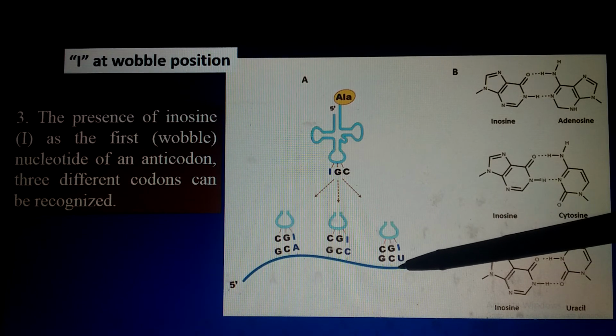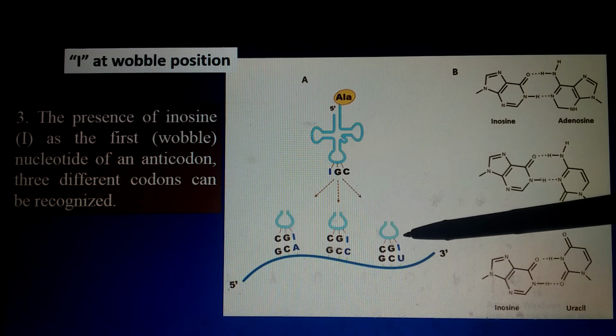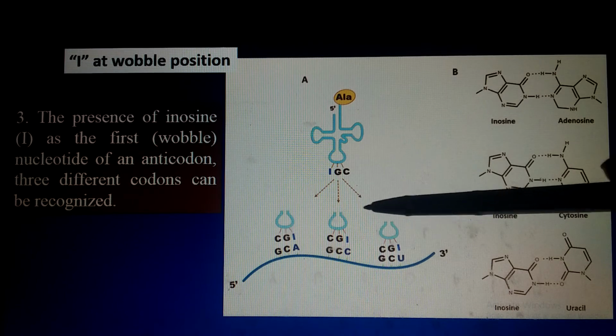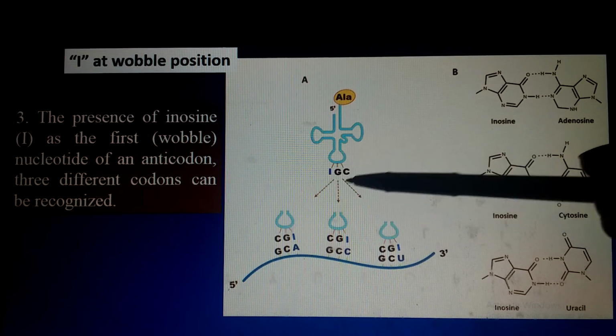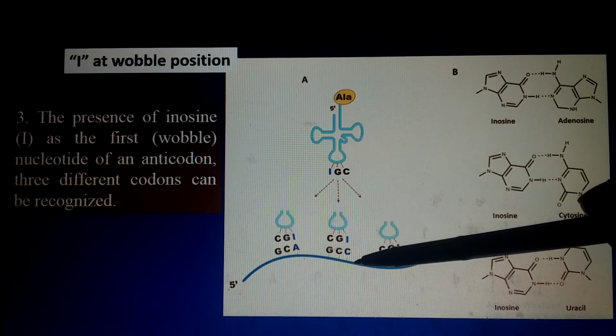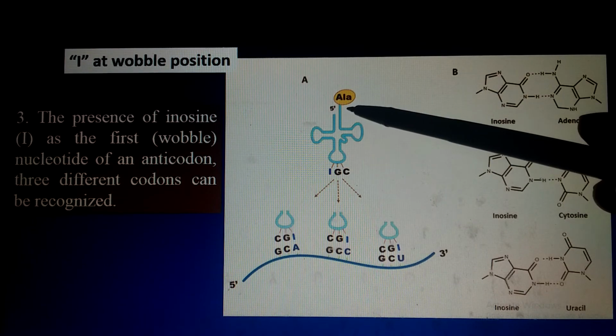But what will happen if the inosine is present at position number 1 of the anticodon? Is it clear? So this is explaining the codon degeneracy. Here you can see just one anticodon can recognize the 3 codons for the same amino acid, alanine.